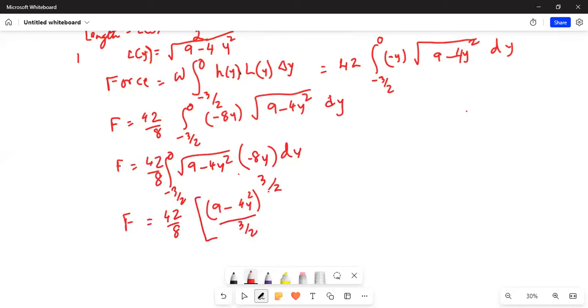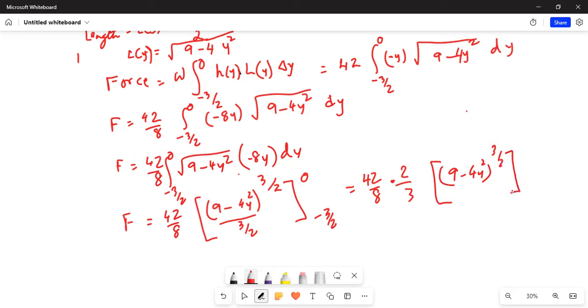And the limits of integration are from minus 3 by 2 to 0. So this is equal to 42 by 8 and 3 by 2 from denominator. When it comes to numerator, it flips over, 2/3, 9 minus 4y square to the power 3 by 2. Limits are from minus 3 by 2 to 0.